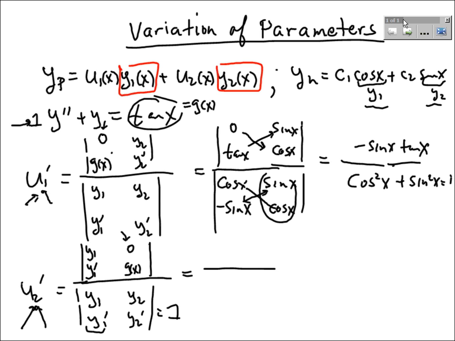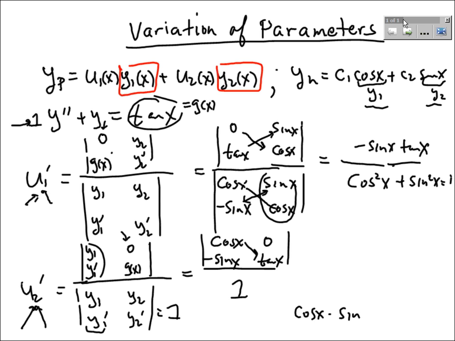So you have y prime. This is y. This is y prime. That's 0. And that's g of x. In the bottom you have 1. That product, cosine x times tan x.